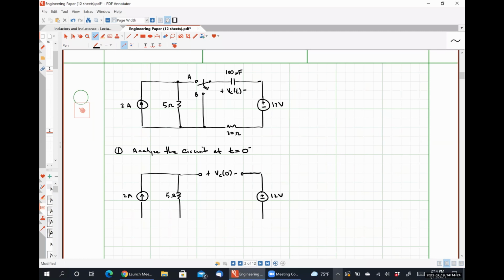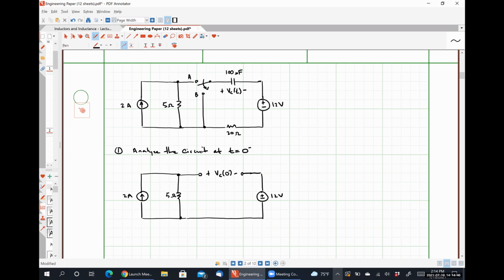Here is our 12 volt source. And because nothing is connected to terminal B, it's just a simple open circuit. And so this is what our circuit looks like at t is equal to 0 minus. Is everybody okay with this representation?